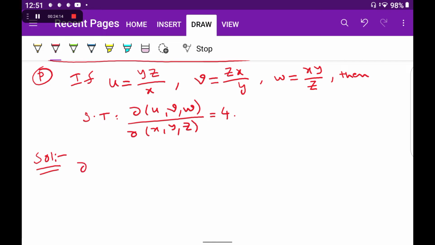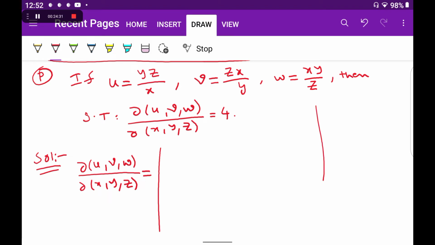So here dou uvw by dou xyz is a determinant, right? Dou u by dou x, dou u by dou y, dou u by dou z is the first row. So let us find dou u by dou x. It is dou by dou x of u. u is yz by x.